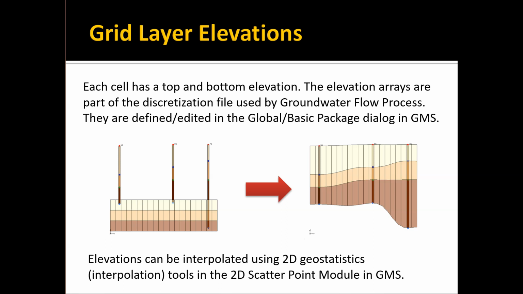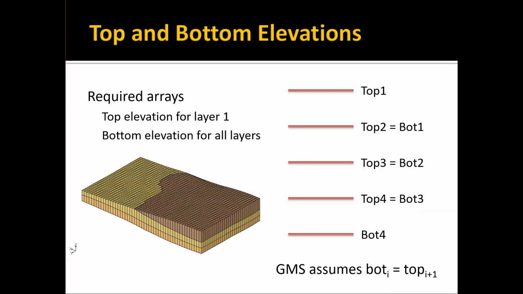And this is done using something called 2D geostatistics interpolation tools that are part of the 2D scatter point module in GMS.